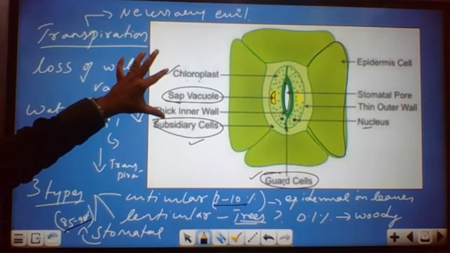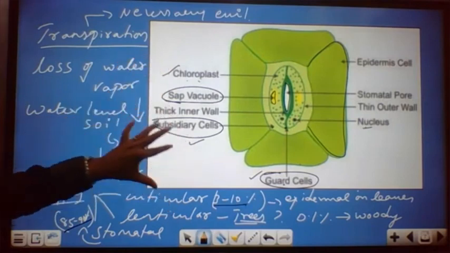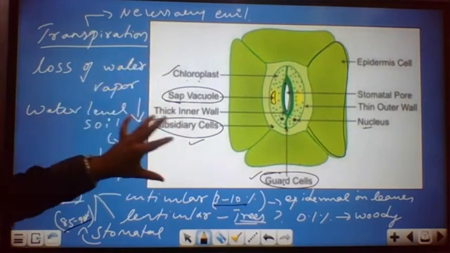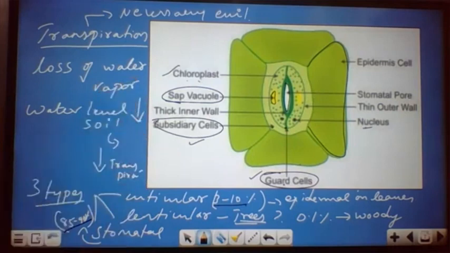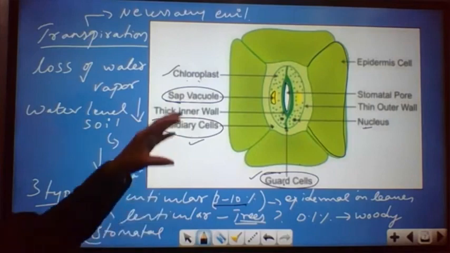You could see in the case of the guard cells, and the subsidiary cells. Okay, we move on to the next type, that is the structure of stomata.